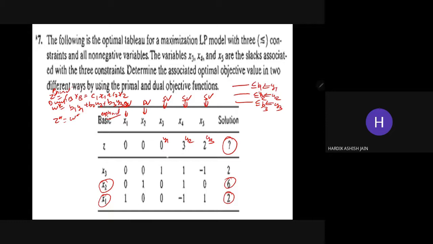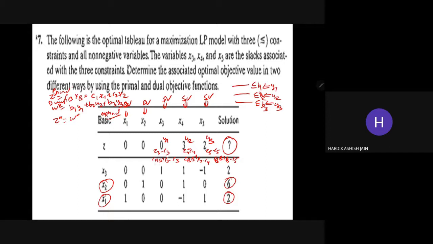What is the value of this x3? It is z3 minus c3, z4 minus c4, z5 minus c5, or it is CB B inverse p3 minus c3, CB B inverse p4 minus c4, and CB B inverse p5 minus c5.